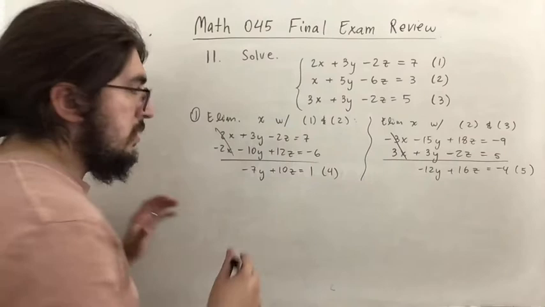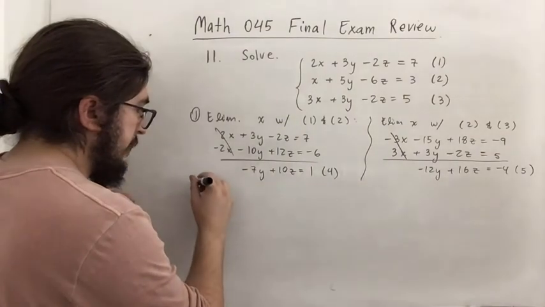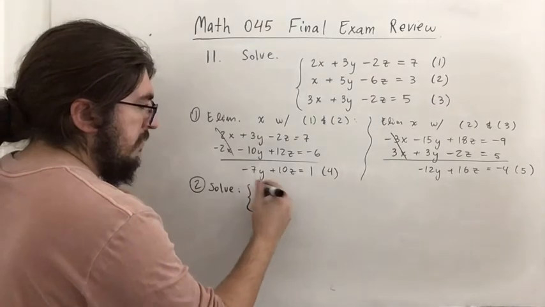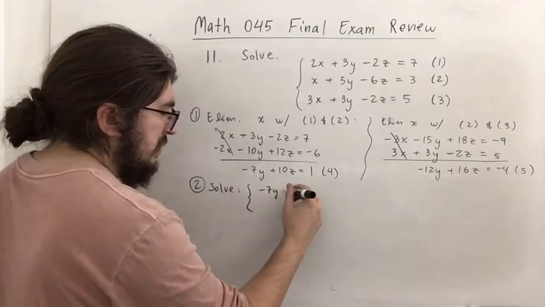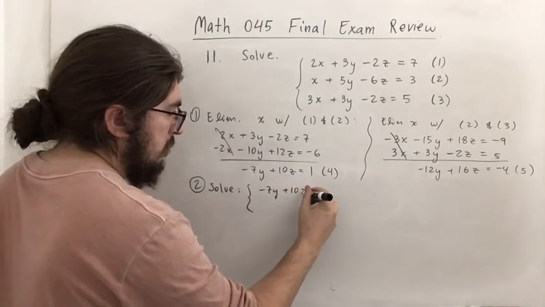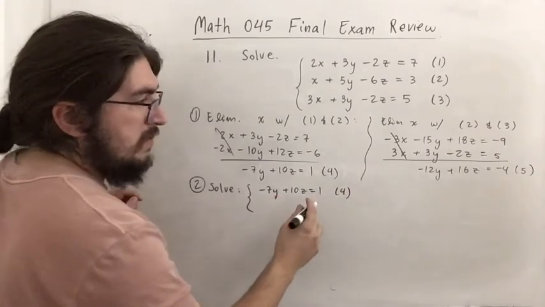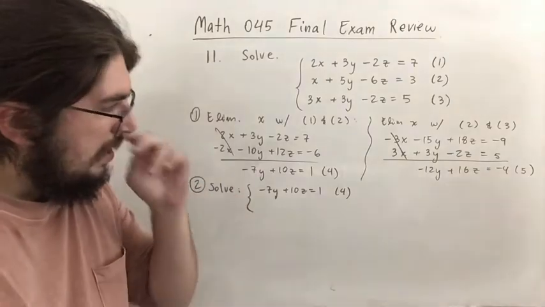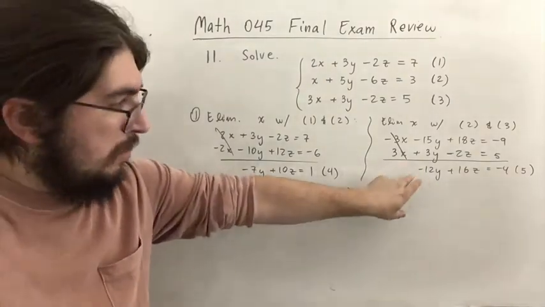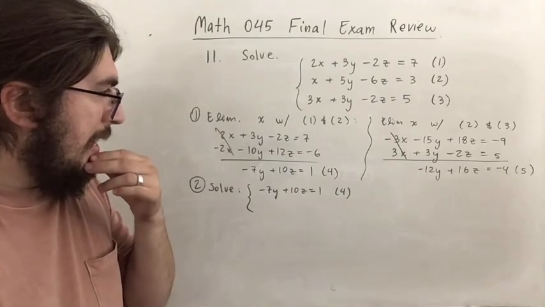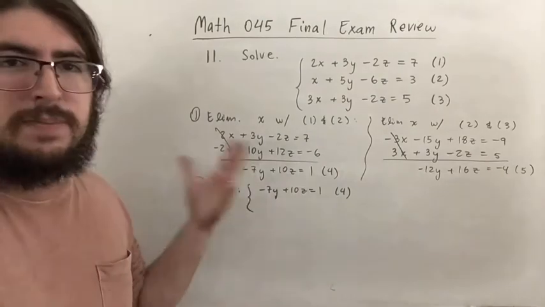So now combine these 2, that's our second step here. Now I'm going to solve this new system involving 4 and 5. Negative 7y plus 10z is equal to 1, that's equation 4. And just to make matters a little easier, I'm noticing here we can divide equation 5 by negative 4.